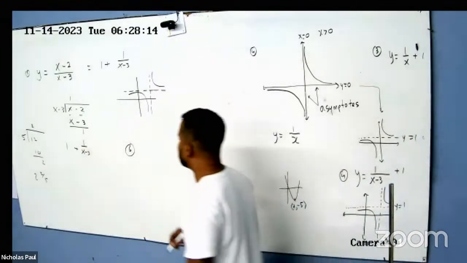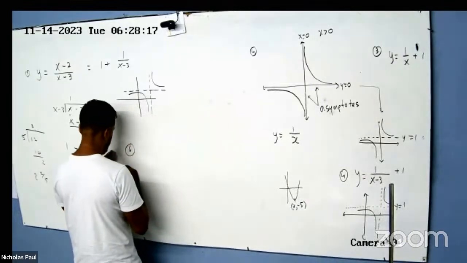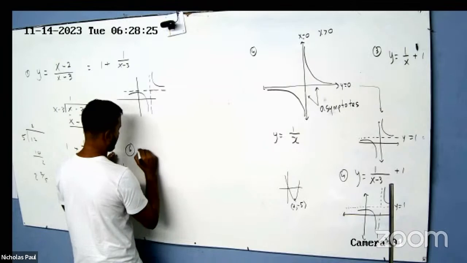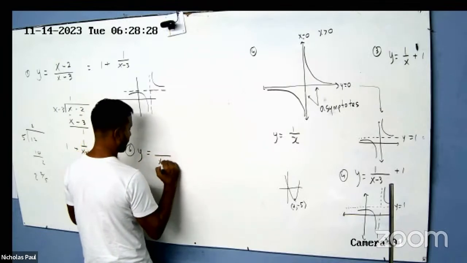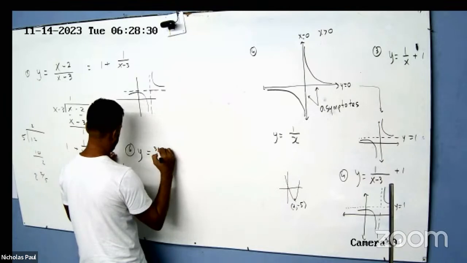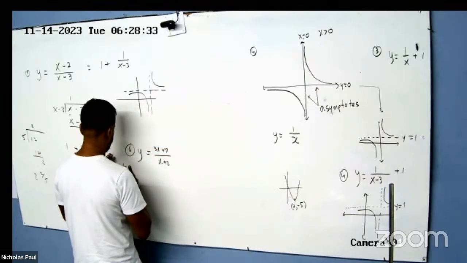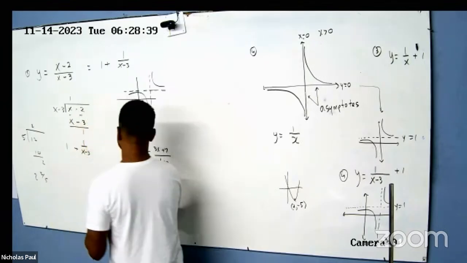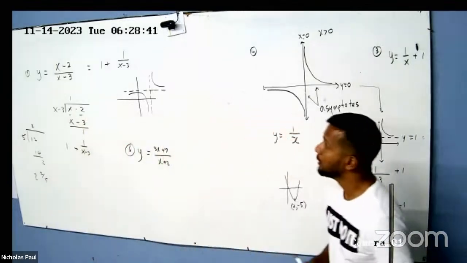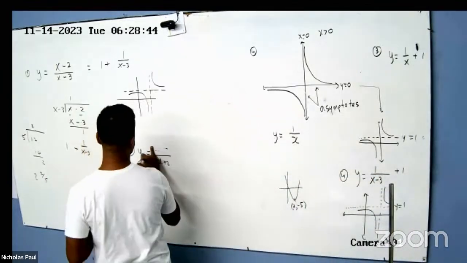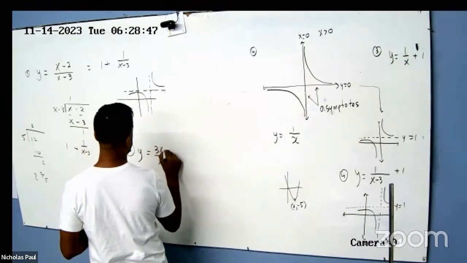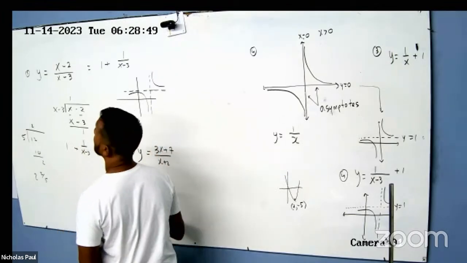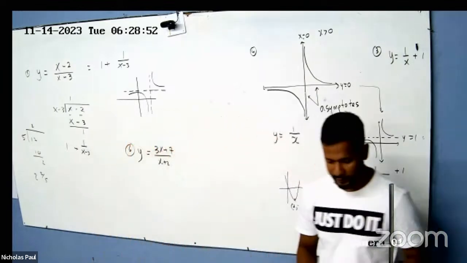Let's do one more for me now, please. What is seen there? 3x plus 7 over x plus 2.